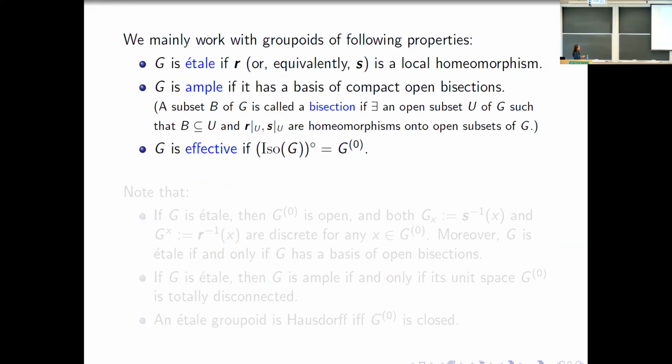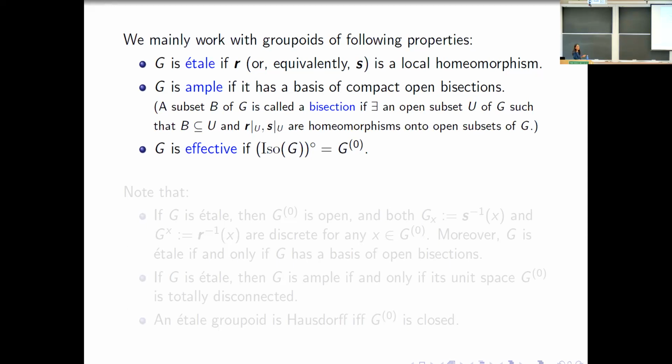For my talk, I'm also going to look into groupoids with various properties. I just want to emphasize that during my talk, I'm only talking about Hausdorff groupoids. I know that Elias is going to talk about the non-Hausdorff ones, but I'm only going to focus on the Hausdorff ones.